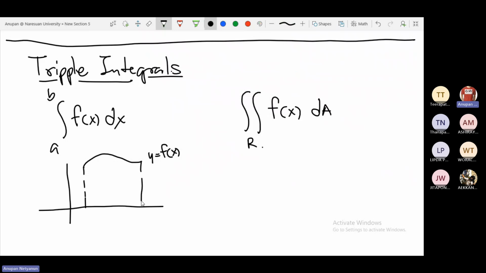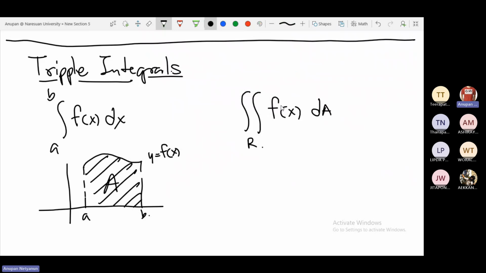And then I have the running number for x, which is from A to B. And the outcome of the definite integral in one variable is going to be the area above the x-axis and under the curve y equal to f(x). The outcome is an area.